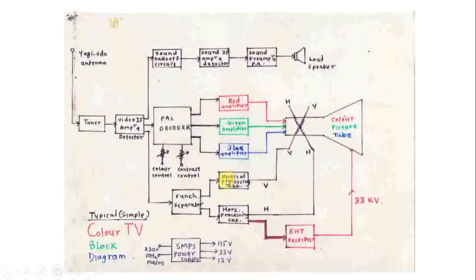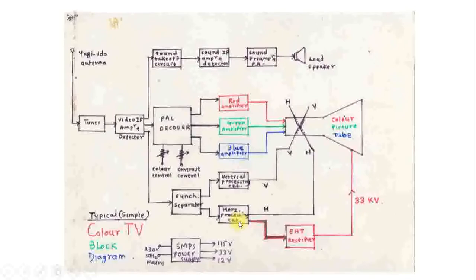Try to understand one thing, that the initial stages are almost the same if you compare black and white and color television. In this color television also, the 3 outputs are there. One goes to FM demodulation section, another goes to chroma section, and third goes to sync separator and H coil, V coil and EHT section.